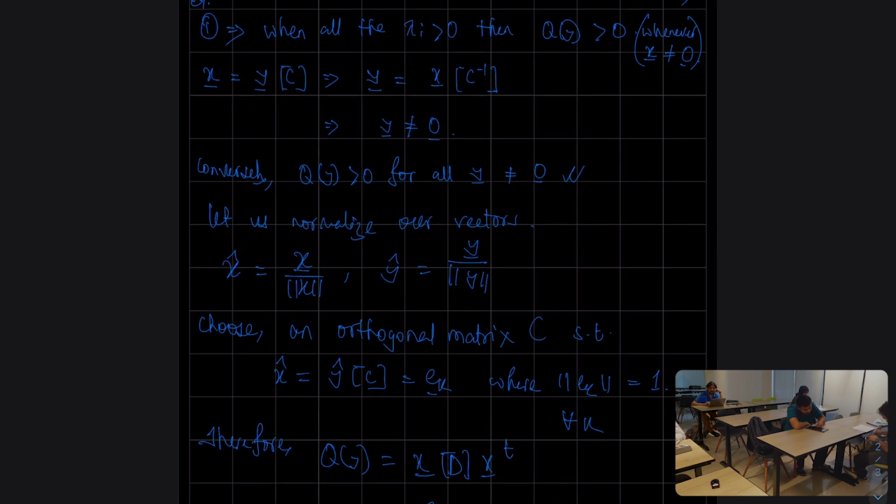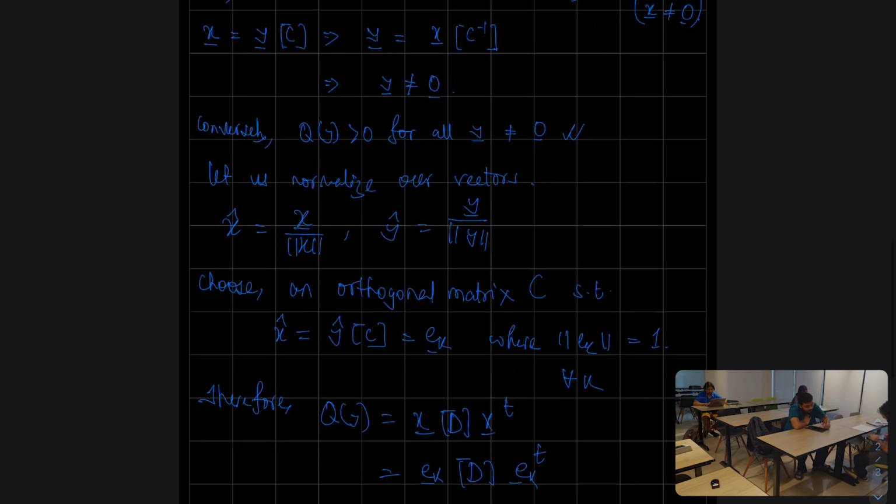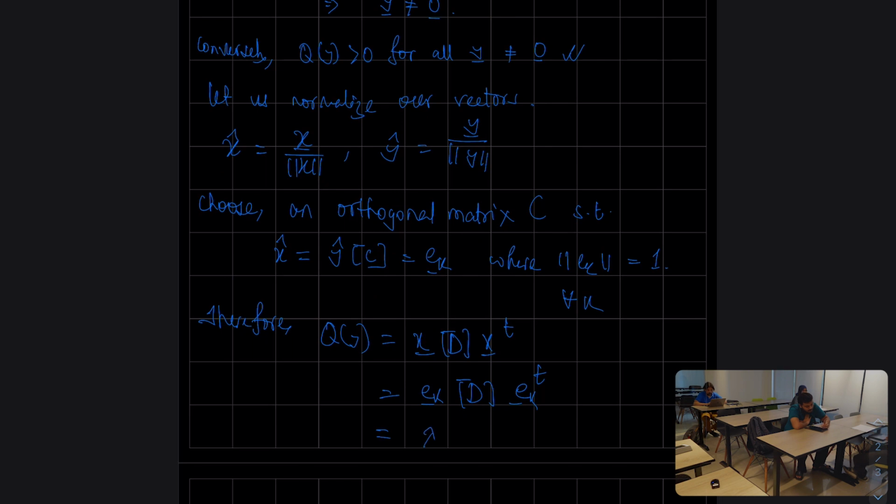It will only give us. Okay, let me write it thoroughly. Now, because we demanded that Q of y is greater than 0, the eigenvalue will also be greater than 0.